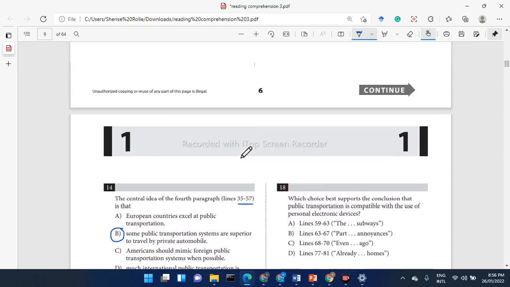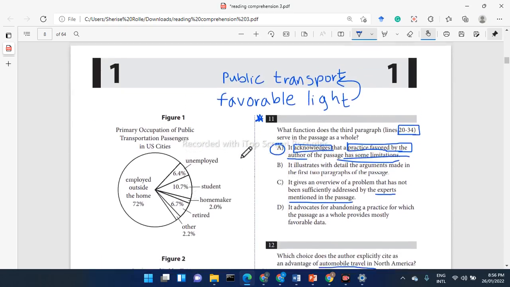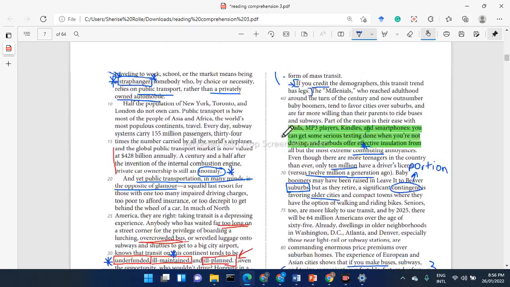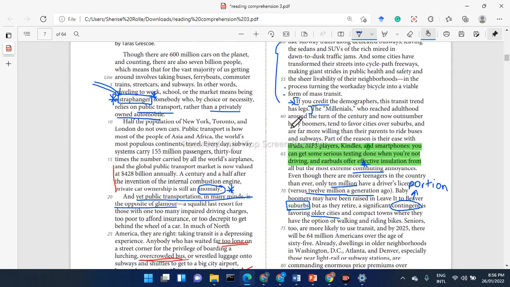I don't know how y'all could do this without looking at the passage. I had to look at it. It logically makes the most sense. What number are we on? We're on 17.